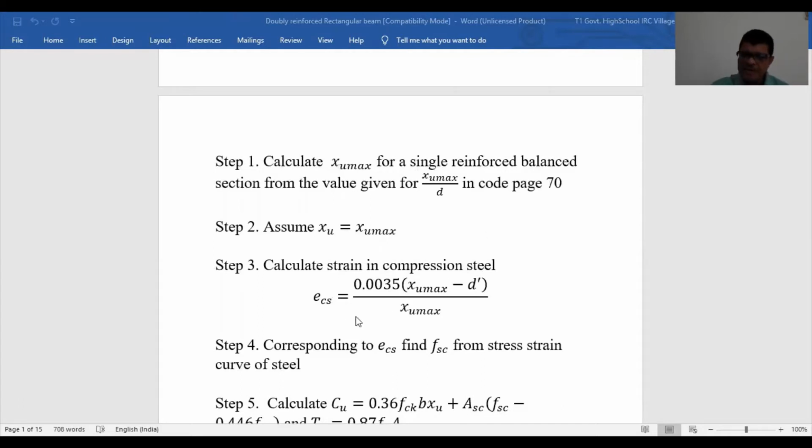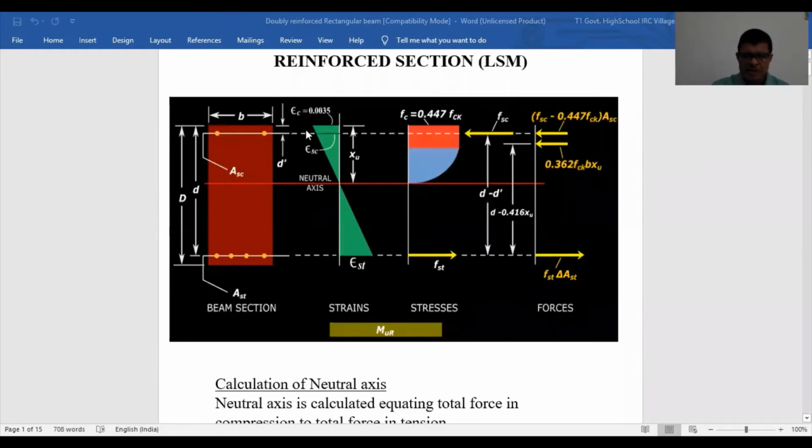You can find the value of stress corresponding to the strain at that level. To find the strain at that level, go to this strain diagram and draw similar triangles. This by this is equal to this by this. So from this diagram, epsilon sc by 0.0035 is equal to (xu minus d dash) by xu.